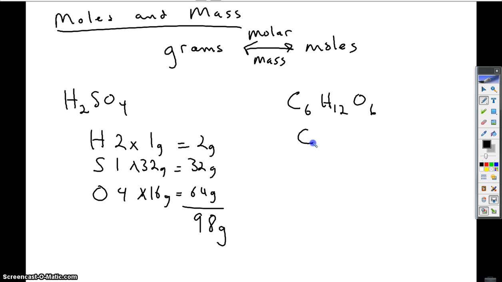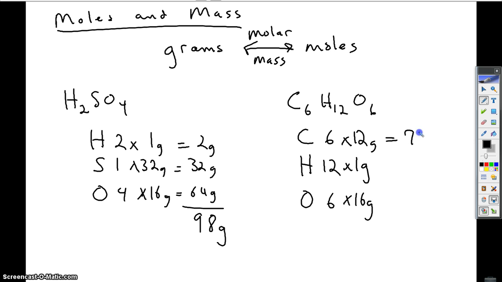So we need to remember that number because this is what we're going to use in a couple of our examples. Glucose, carbon, hydrogen, and oxygen, 6, 12, 6. So it's times 12 times 1 times 16, 72, 12, and 96 for a total of 180 grams.